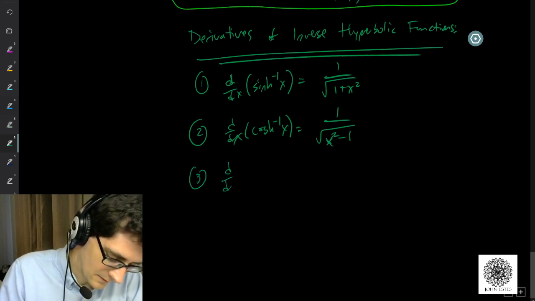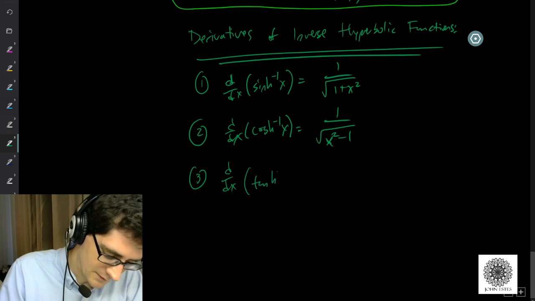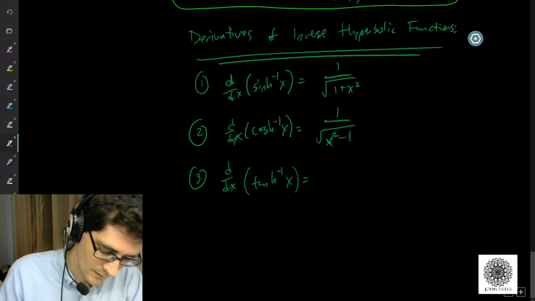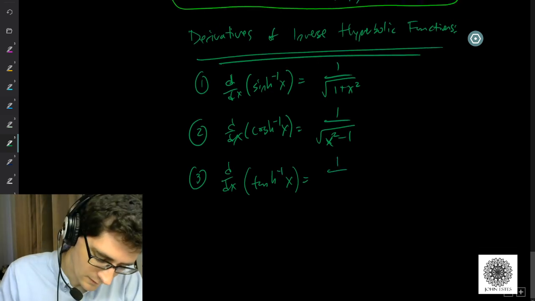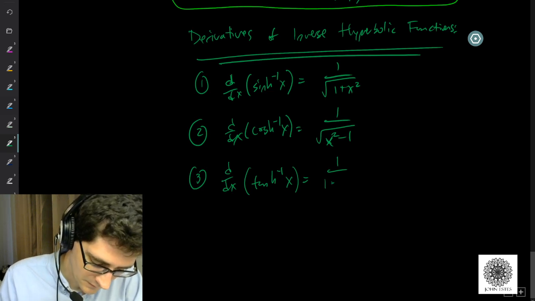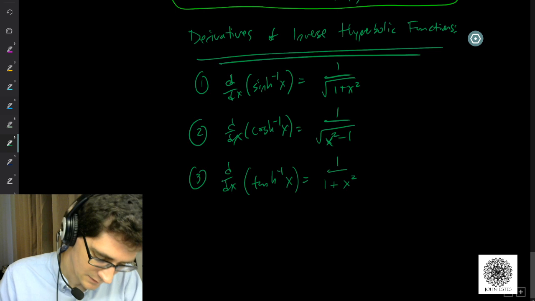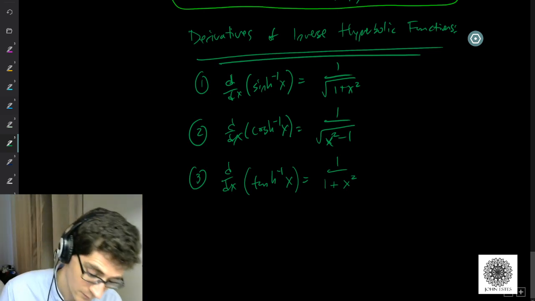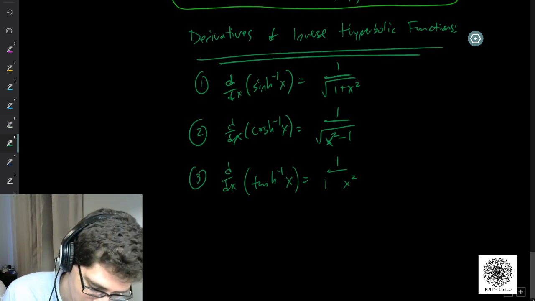And the derivative of tanh inverse x is going to be 1 over 1 minus x squared. Now, if you remember, the derivative of arctan, or tan inverse, is 1 over 1 plus x squared.